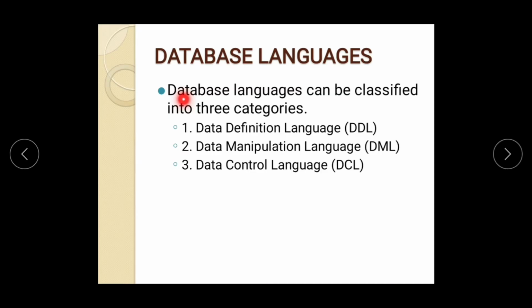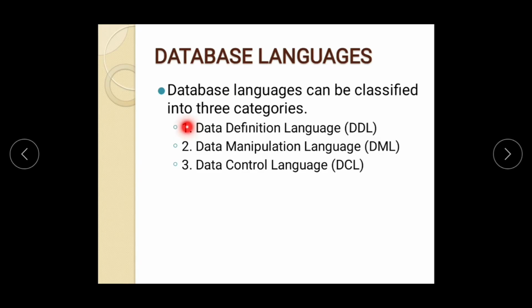Now we need the data of a particular student studying in S4CS. How can we retrieve it? We can retrieve it only using a database language, an intermediary. Only an intermediate language can perform certain operations and retrieve that information. For that purpose we are using database languages.